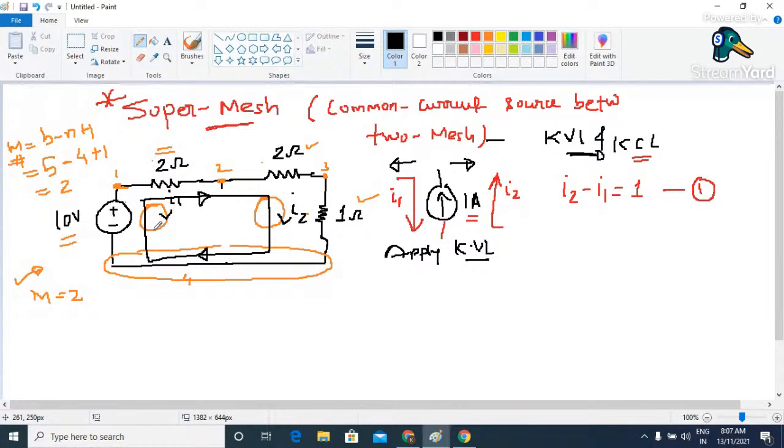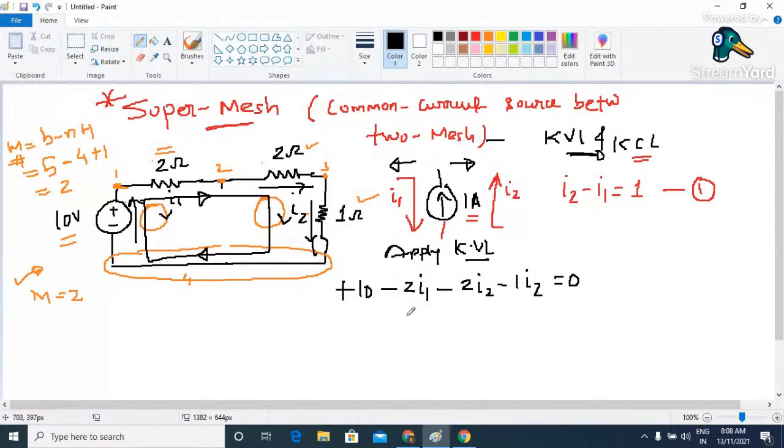Then when we are moving through this particular resistor, current is in clockwise, we are again moving clockwise, so it is going to be a drop, so minus 2 into I1. Then when we are moving through this, again we are moving in the direction of current, so we are going to experience a drop, so minus 2 into I2. And through this again we are going to experience a drop, which is nothing but minus 1 into I2. This is going to be equal to 0.